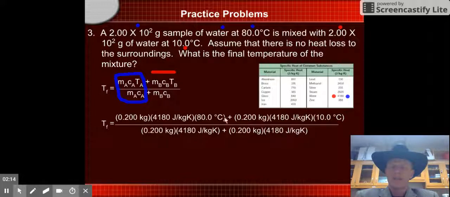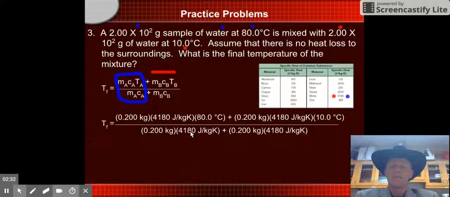Now, why can't we just cross-cancel everything? Remember, you can only cross-cancel factors of the numerator and denominator. This 0.2 is a factor of this expression. It is not a factor of the entire numerator. But if we factored it out of both of these terms, then we could cross-cancel it.